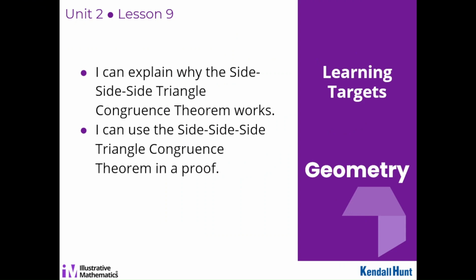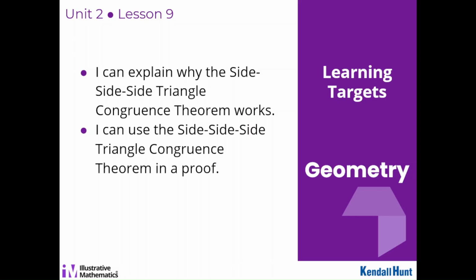Let's review the learning targets to make sure that you know what you need to before moving on to the next lesson. Learning target number 1, I can explain why the side-side-side triangle congruence theorem works. And I'll explain it in 2 ways.